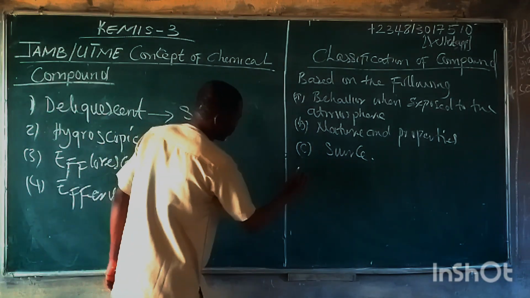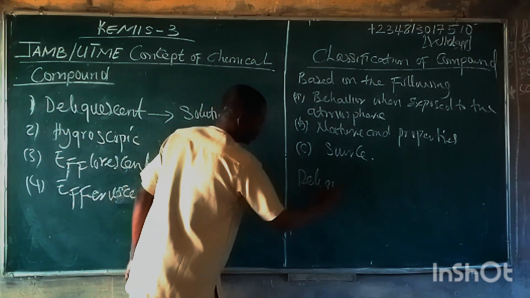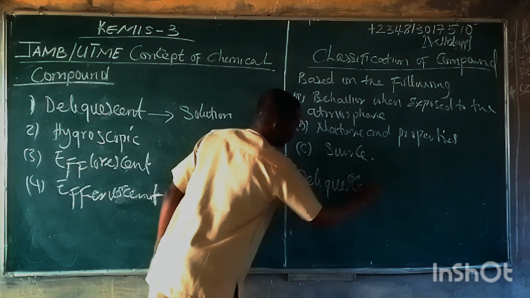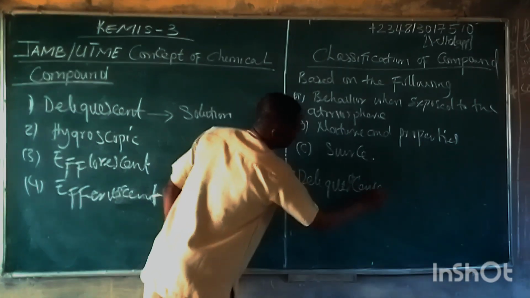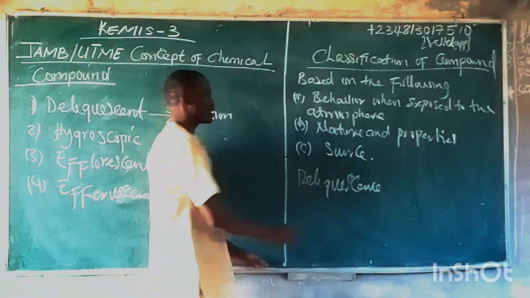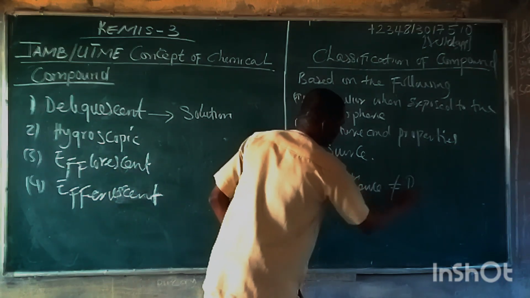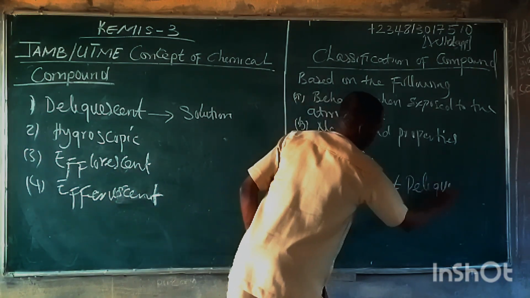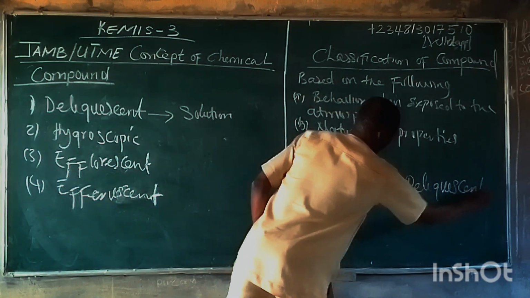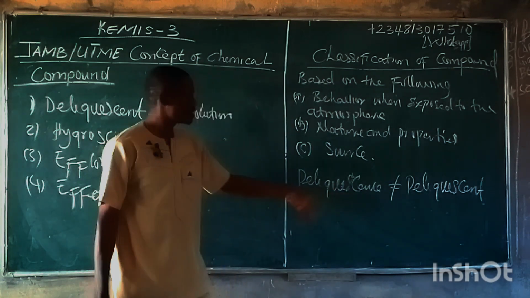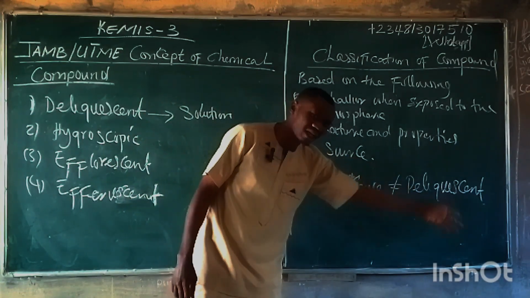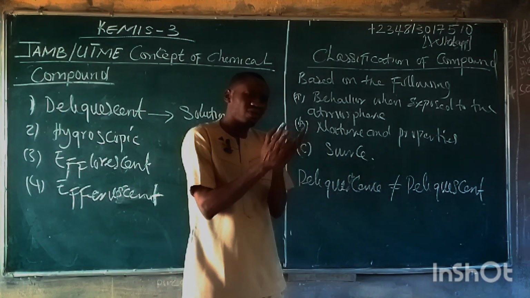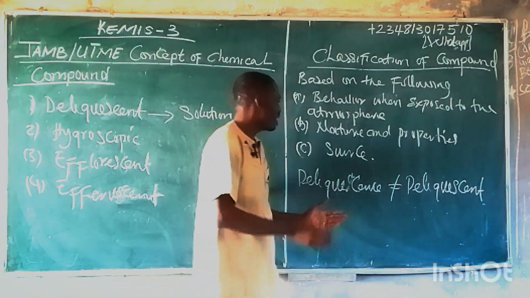Then we have to know the examples of deliquescent. You know that deliquescence is not the same thing as deliquescent. Deliquescent is the compound itself.